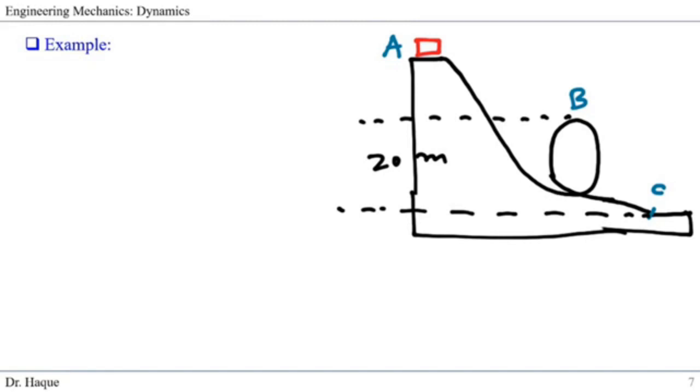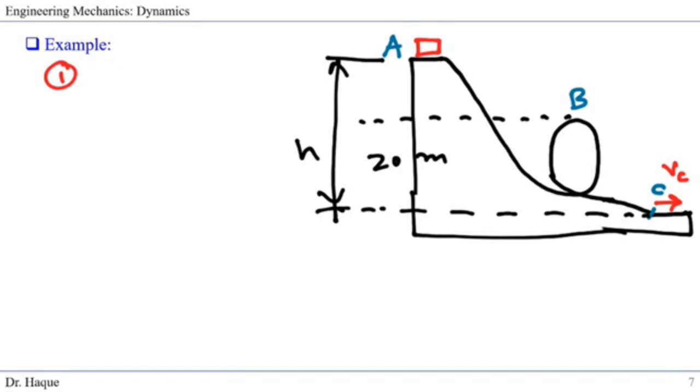The question asks you to find the height from the top to the base, which is h, and also it asks for the velocity at point C, so VC.